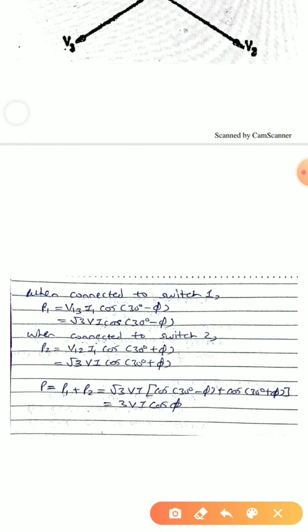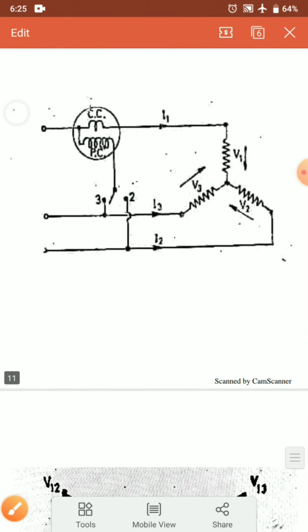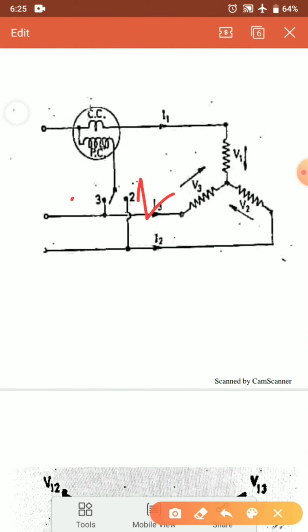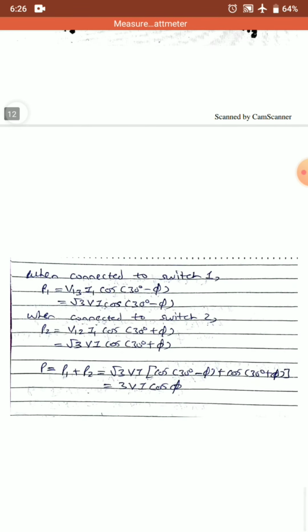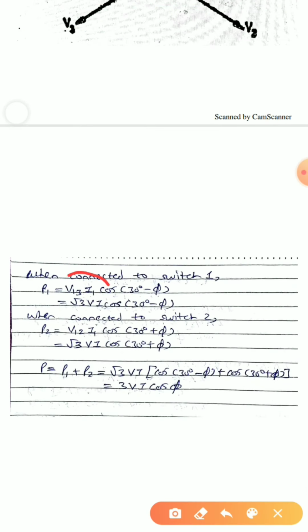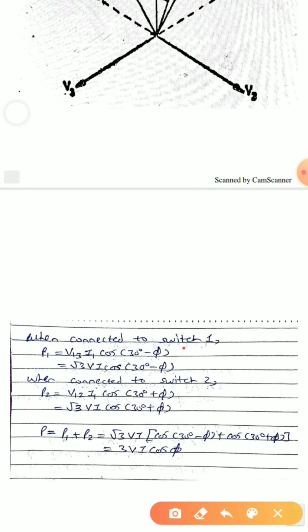Now coming to the calculation part, I have two switch positions, mentioned here as 2 and 3. Let me take these to be 1 and 2. When it is connected to switch position 1, I will get V13 I1 cos(30 degrees minus phi), because the angle between V13 and I1 is 30 degrees minus phi.